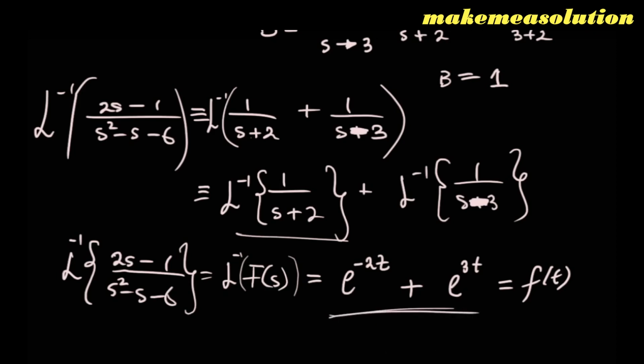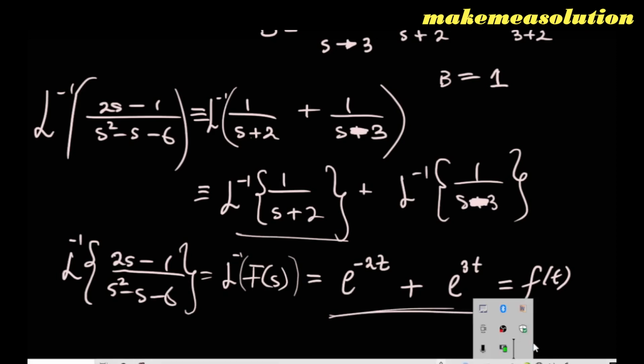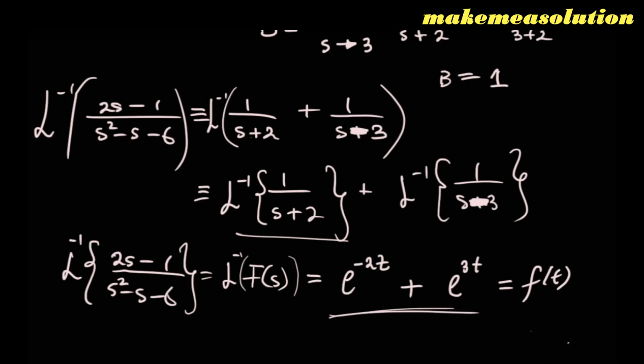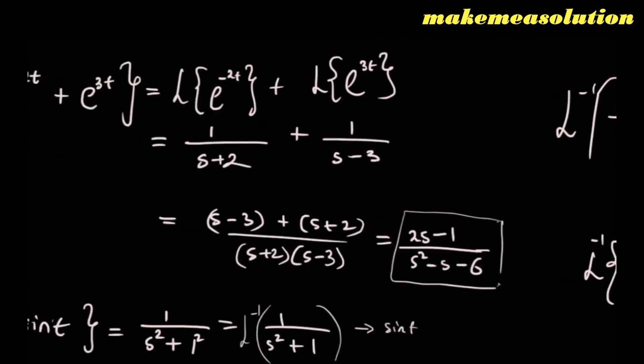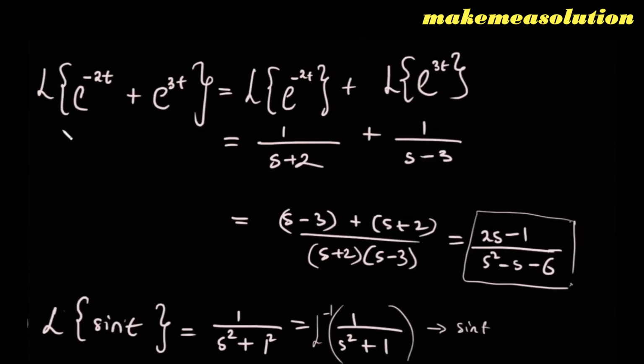And if you look very carefully, this was the same thing that we got when we took the Laplace transform of that function over here. When we took the Laplace transform of this function, we got this variable. So these are f of t and this is our f of s.